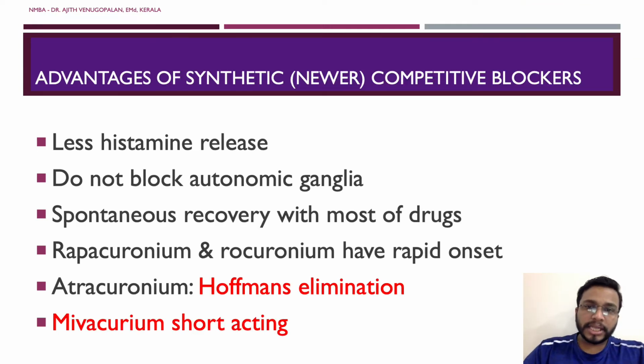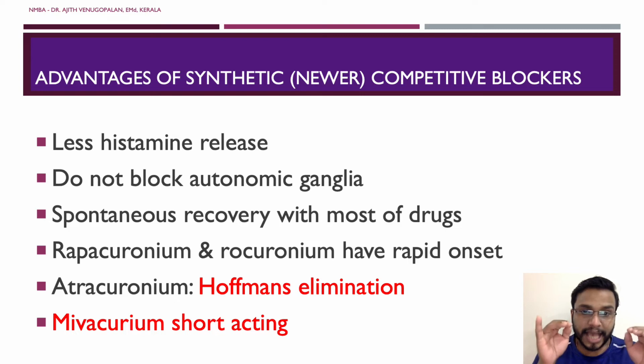The advantage of the newer agents, as I've told, like atracurium, rocuronium and all, is that they have less histamine release, hence fewer side effects. And they do not block the autonomic ganglion, and as a result, it has more stability, and spontaneous recovery is also there. Spontaneous recovery in the sense, when compared to other competitive blockers, this has a faster recovery.